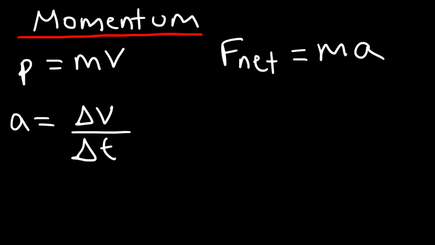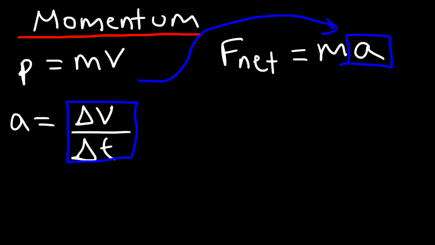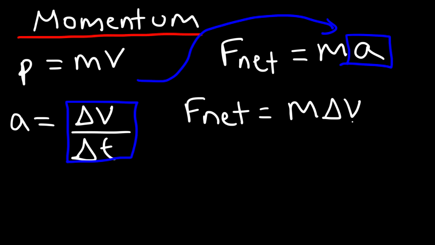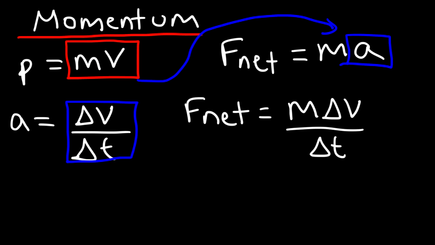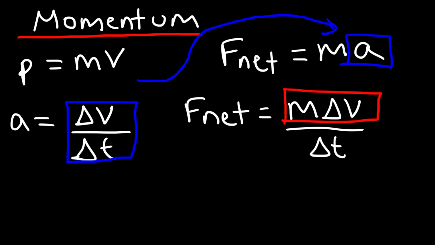And so if we were to replace acceleration with this expression, let's say if we were to substitute it here, we get this expression. The net force is equal to the mass times the change in velocity divided by the change in time. Now, if momentum is mass times velocity, then what is mass times the change in velocity?